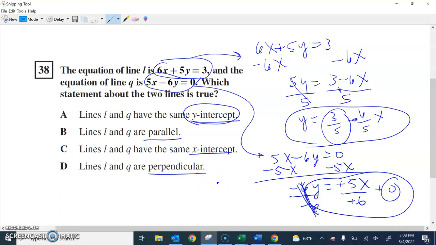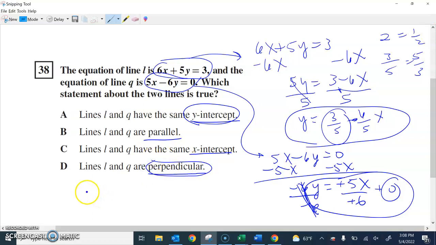Let's see if we can figure out if they're perpendicular. Perpendicular would be that the slope of one line is a negative reciprocal of the other. What does that mean? Well, the reciprocal of 2 is 1 over 2. The reciprocal of a fraction like 3 over 5 is 5 over 3. We learned that earlier. But if lines are perpendicular, they have the negative reciprocal.